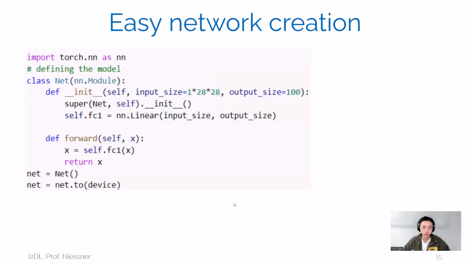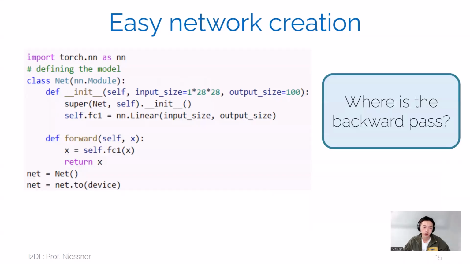Okay, so here is an example of easy network creation. Here we just import torch.nn as nn. That can help you create basic functions when defining a neural network. Then you define the model, which we name class Net. What you need to do is just add the layers here.